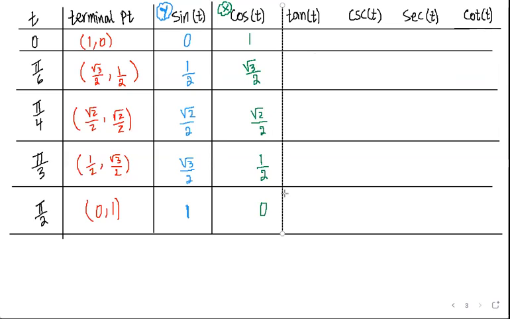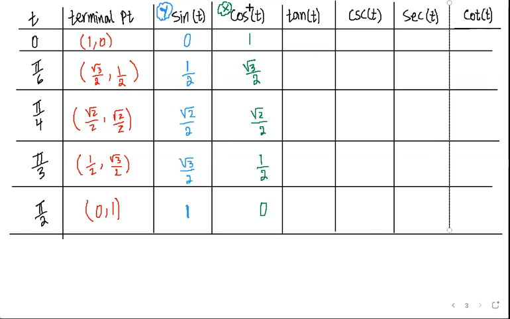Now the tan is the sine over cosine. What is the sine over cosine for each column, for each value? It is y over x. 0 over 1 is 0. 1/2 over square root of 3 over 2 is 1 over square root of 3.